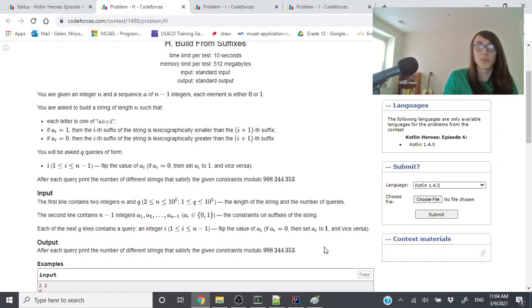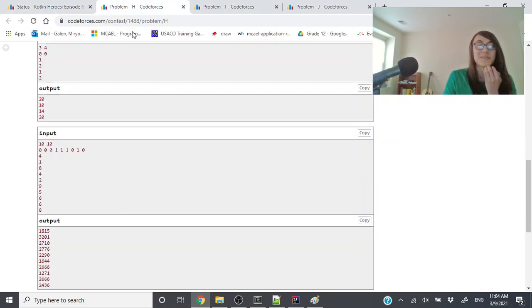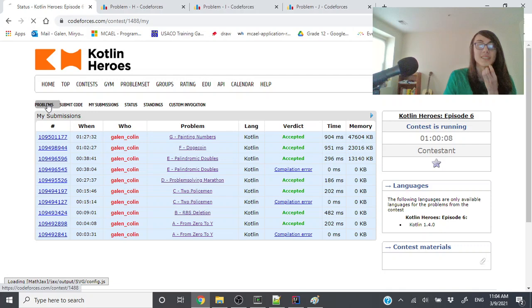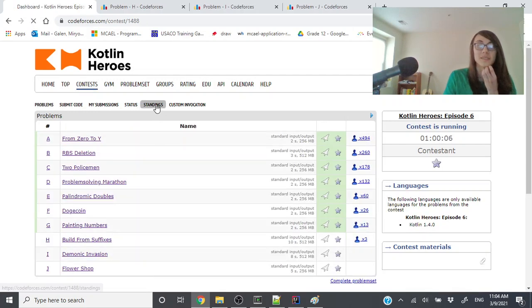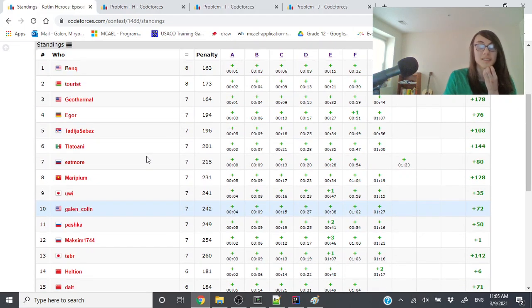Alright, if ai is equal to 1, then the ith suffix of the string is lexicographically smaller than the i+1 suffix. If ai equals 0, then the ith suffix is lexicographically greater. How is it not passed yet? There's so many tests for whatever reason. Okay, there we go. 904 milliseconds. Alright, I guess that's fine. So my signature is so bad that that's the constant it has. Alright, we've dropped to 10th. That's cool. Still going very strong.